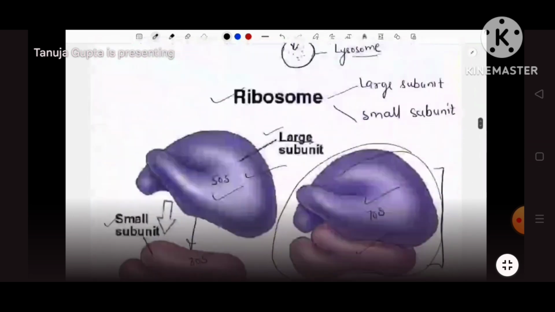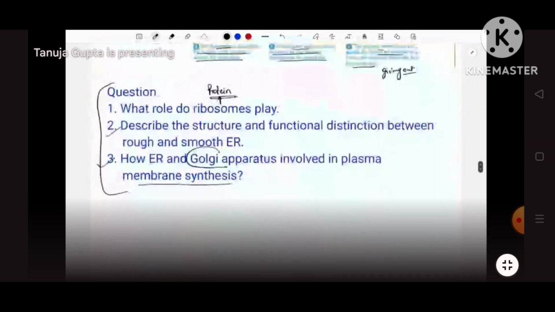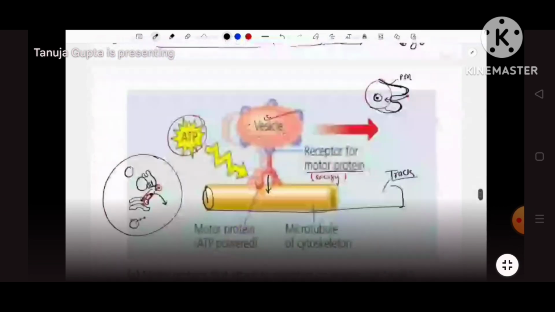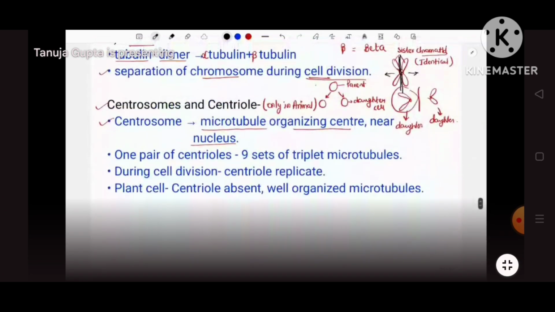So what does the centrosome do? So many microtubules arise from it near the nucleus, and these microtubules connect together and make a rope-like structure.